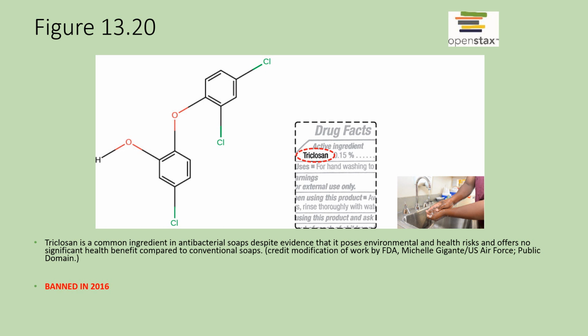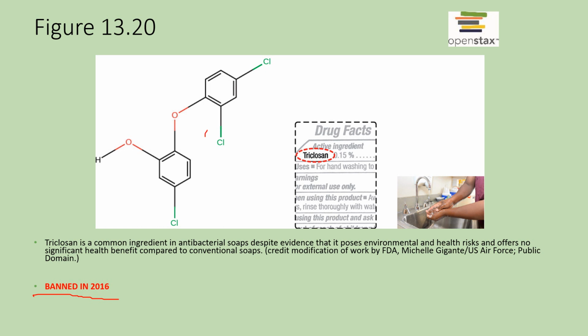So in your book it says that it is used. Here's an update. After the publication of your book, in the US, they did ban this in 2016. It was banned because there was growing evidence that there were some health risks associated with it. There were environmental risks associated with it, and they also found there was no significant health benefit to putting this in your soaps.